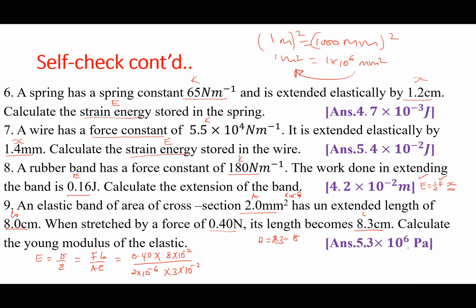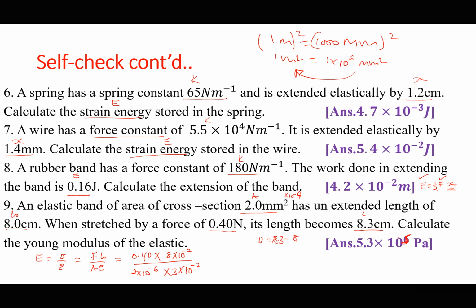I think this is 5. You can check and verify. I can check it again. 0.4 times 8 exponent minus 2 divided by 2 exponent minus 6 divided by 3 exponent.